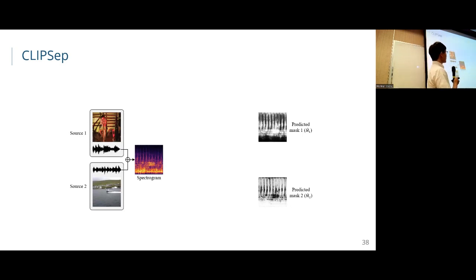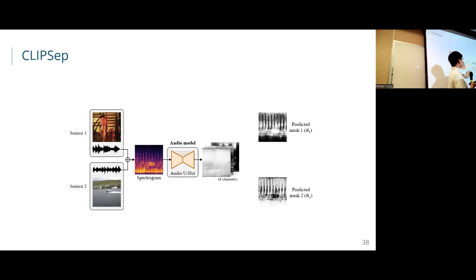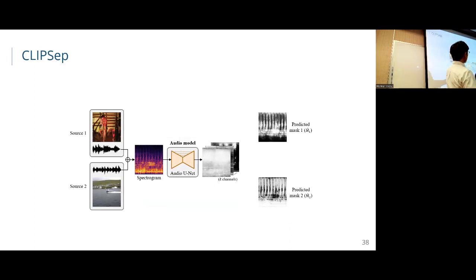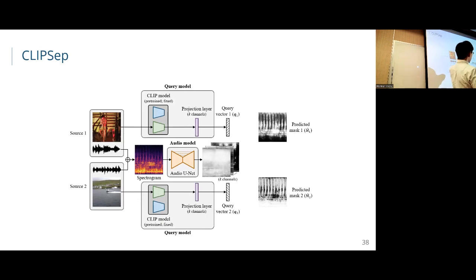Our goal is to pass the mixture through this audio UNet model and generate a bunch of masks, and then magically generate the two spectrogram masks that can be applied to the original mixture to get the sounds out. And this is done by conditioning on the image that we have.